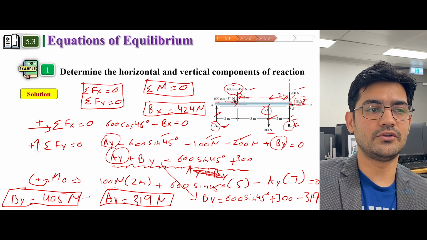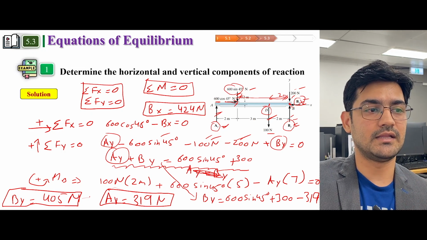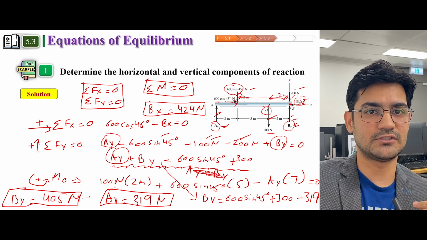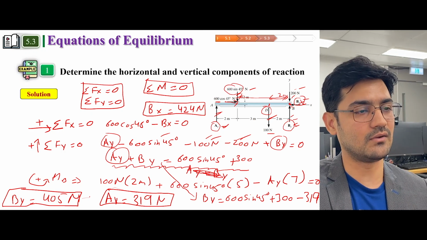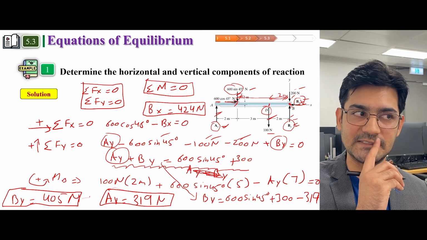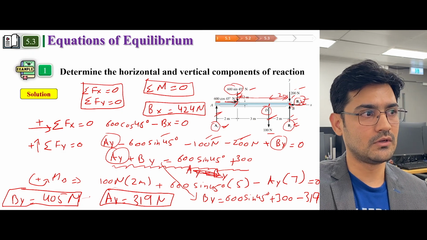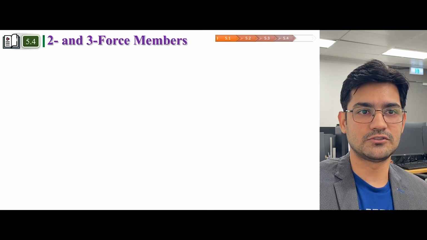So that's how you can resolve the forces if you have a rigid body, and then you can just use the equation for summation of forces is equal to 0 and summation of moment is equal to 0, and then you can calculate this horizontal and vertical components of the reactions. Now, the next section is about 2 and 3 force members.